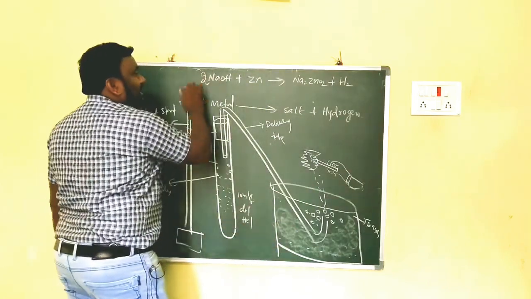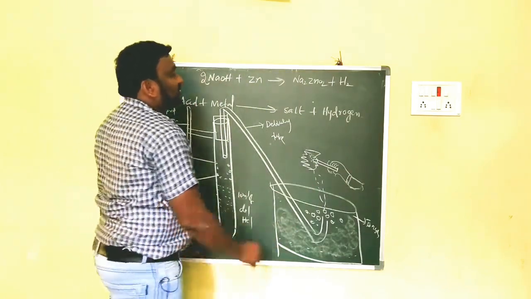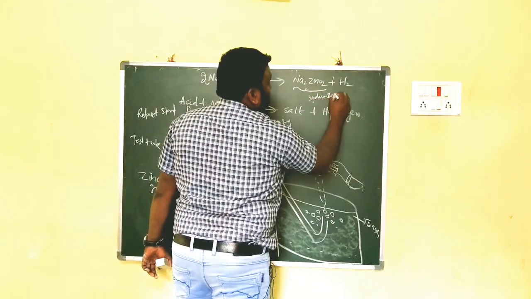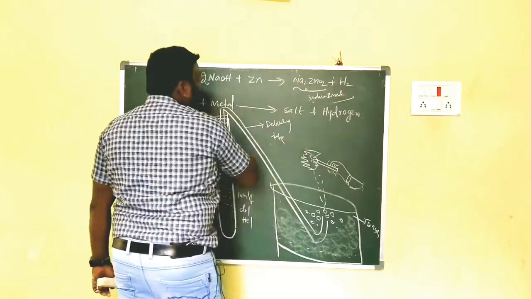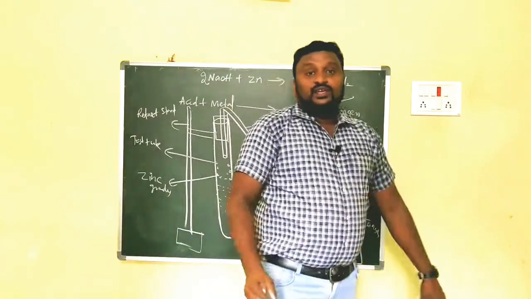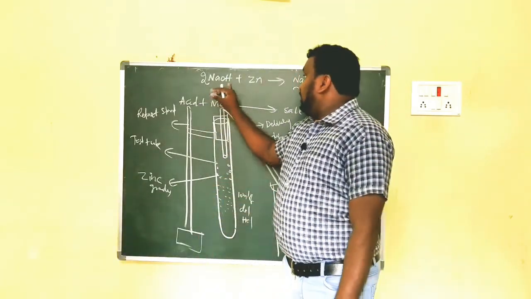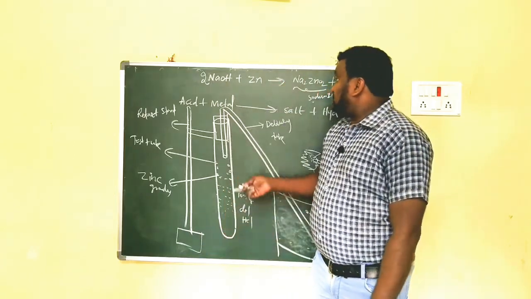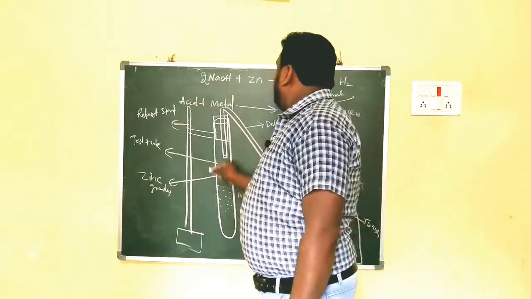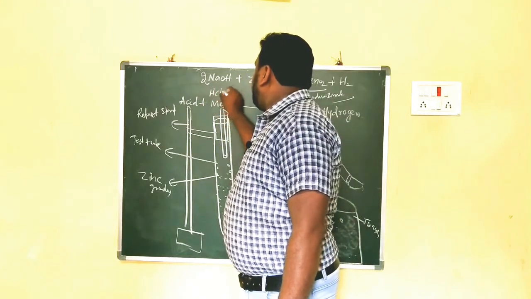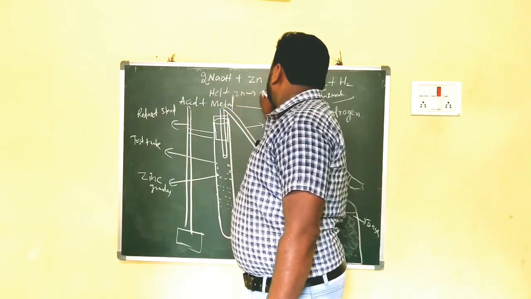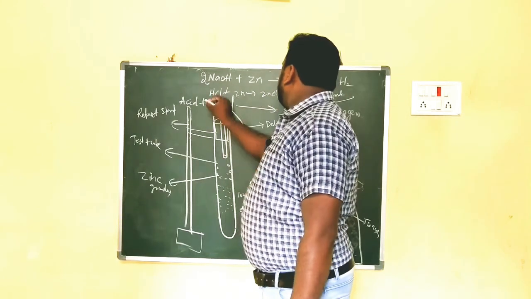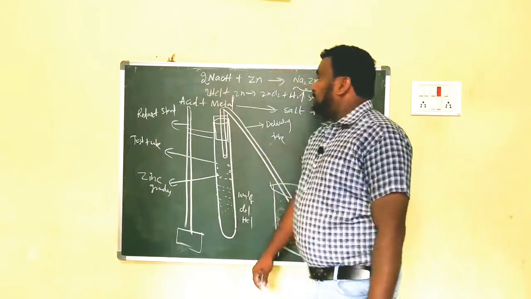This is the balanced equation, and this is what we call sodium zincate. NaOH is the base. In the case of acid, HCl plus Zn gives ZnCl2 plus H2.